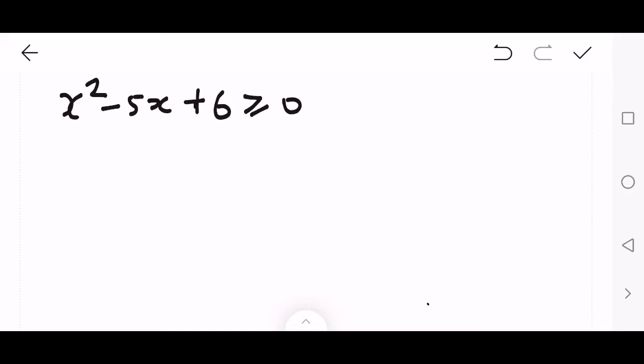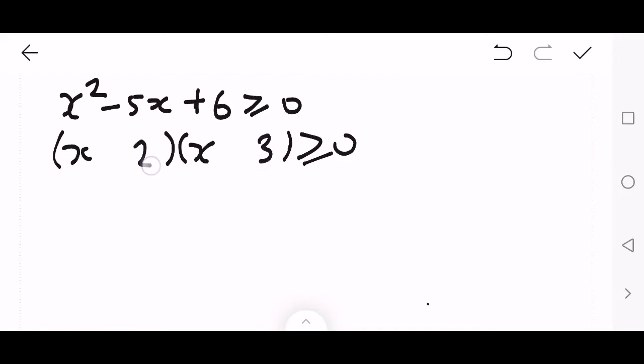In this next problem, we have x squared minus 5x plus 6 is greater or equal to 0. Let's go ahead and factorize. We'll have x and x, and factors of 6 that will give us 5x, 3 and 2, and they will both be negative.